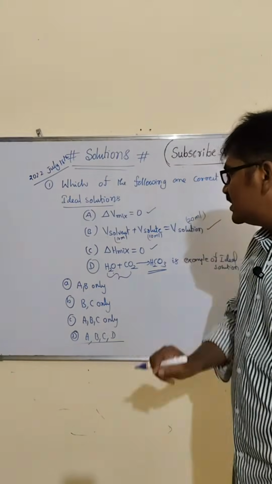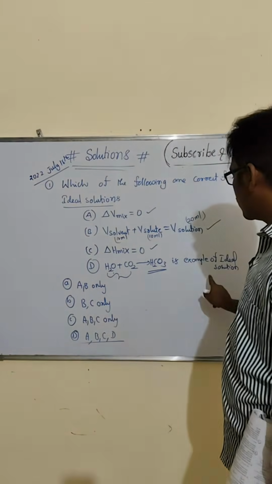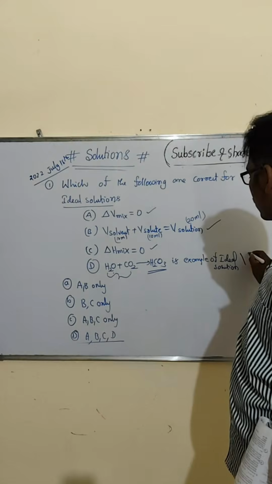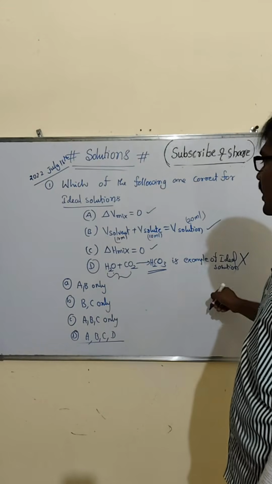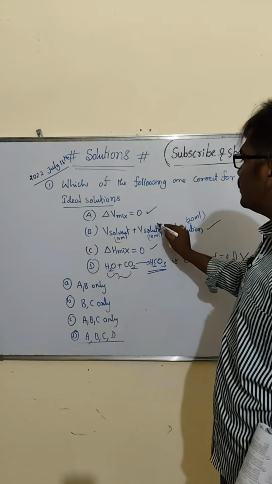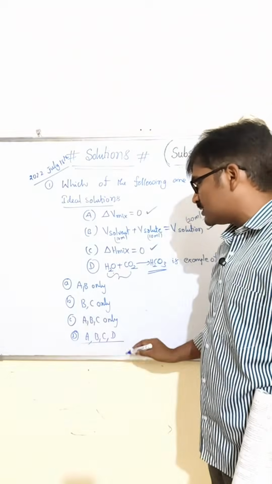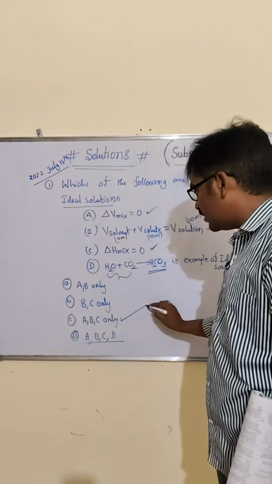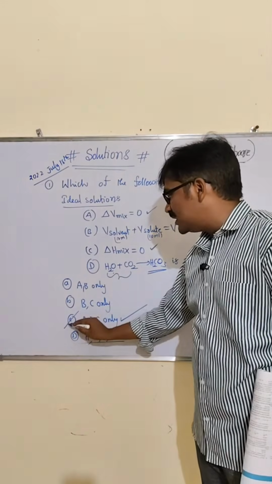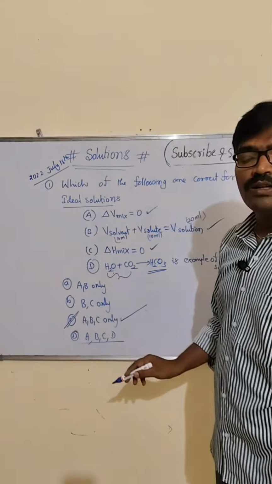So this is not an ideal solution, but they have given it as an example of ideal solution. Only 3 options are correct, so A, B, C only are correct. That is option C. Clear, my dear students?